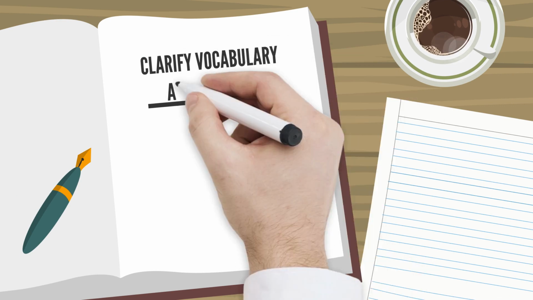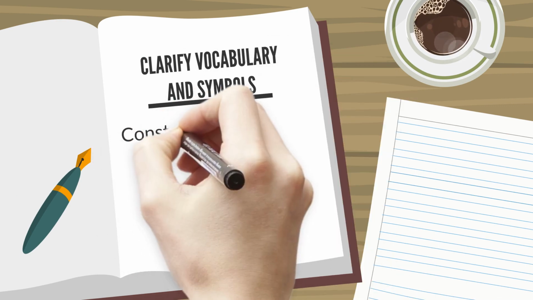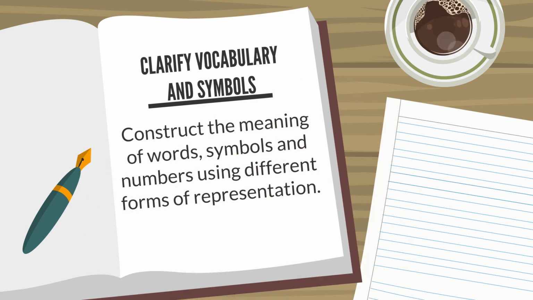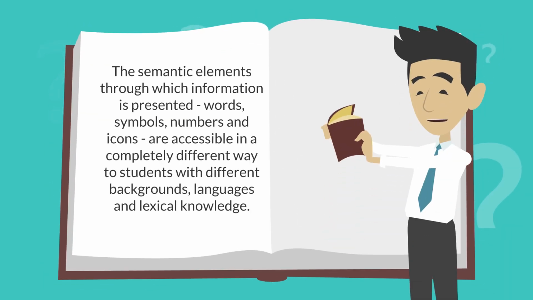Clarify vocabulary and symbols. Construct the meaning of words, symbols, and numbers using different forms of representation. The semantic elements through which information is presented, words, symbols, numbers, and icons, are accessible in a completely different way to students with different backgrounds, languages, and lexical knowledge.